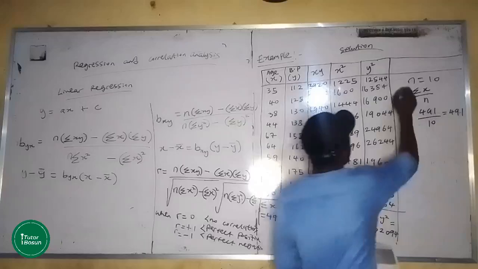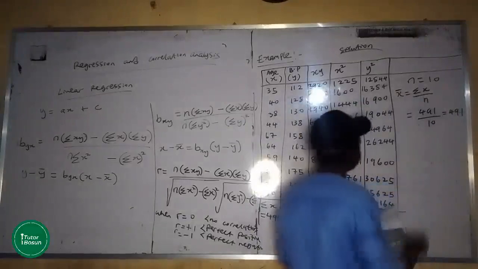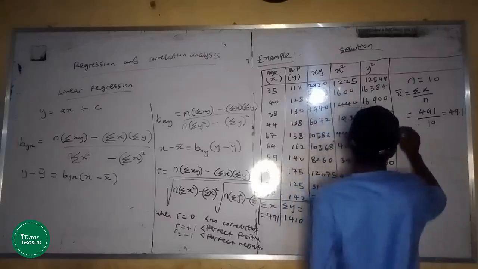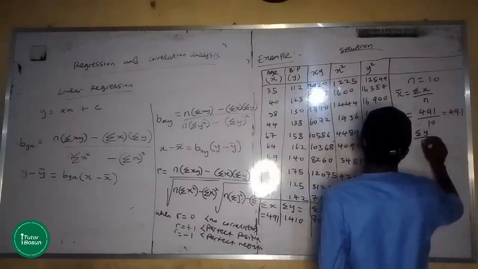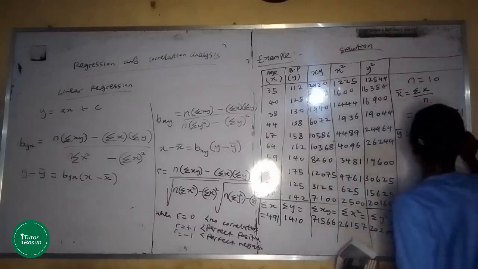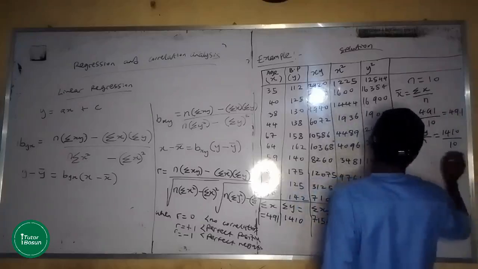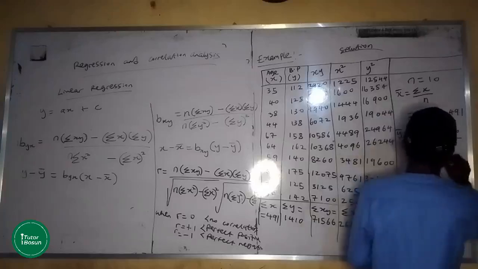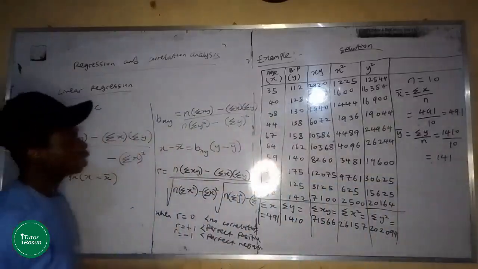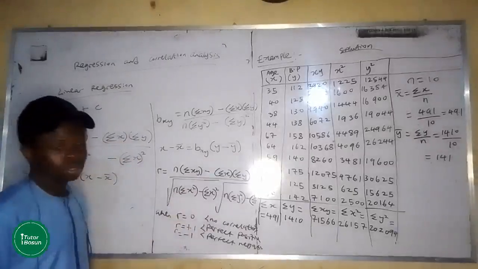So our x bar is 49.1. Our y bar, which is also summation y divided by n, is 1410 divided by 10, which is 141. So our x bar is 49.1 and our y bar is 141.